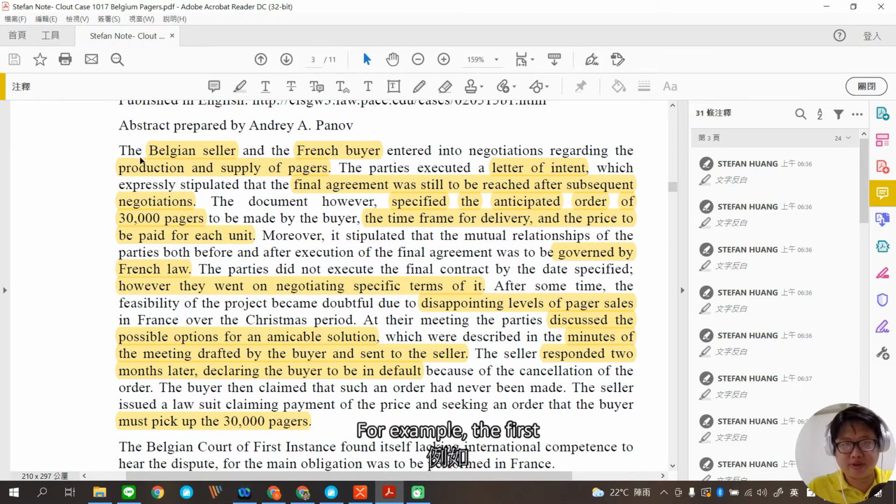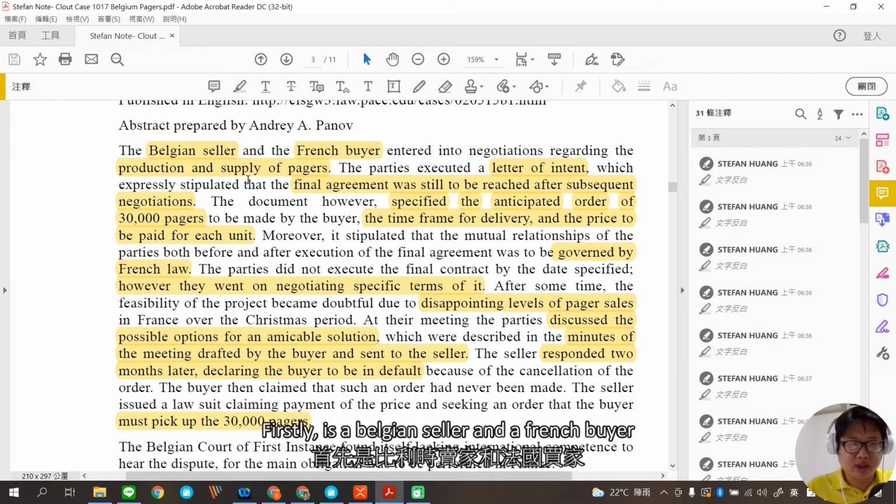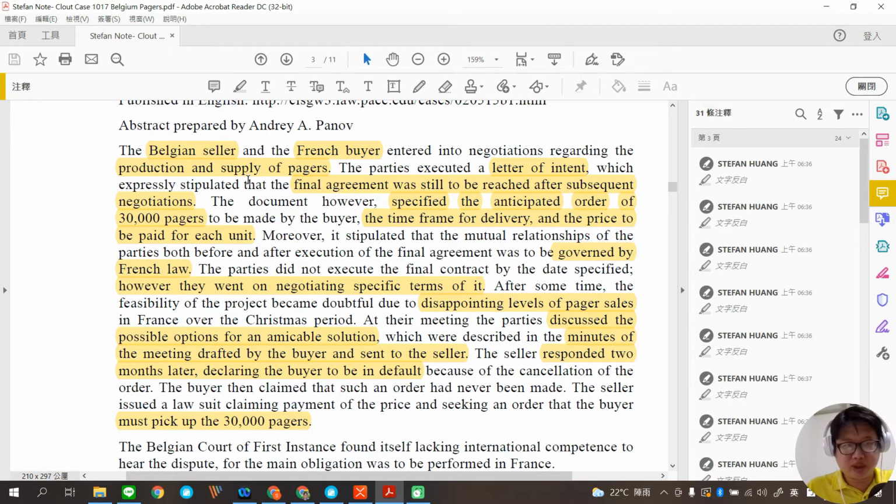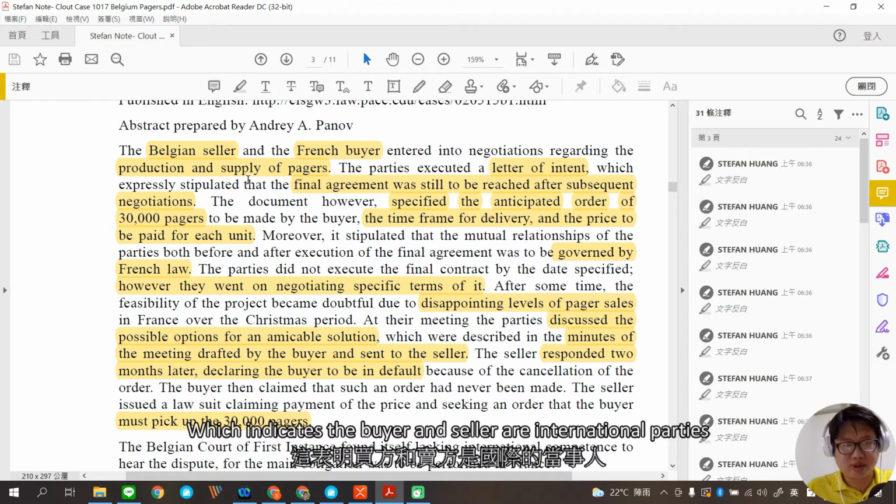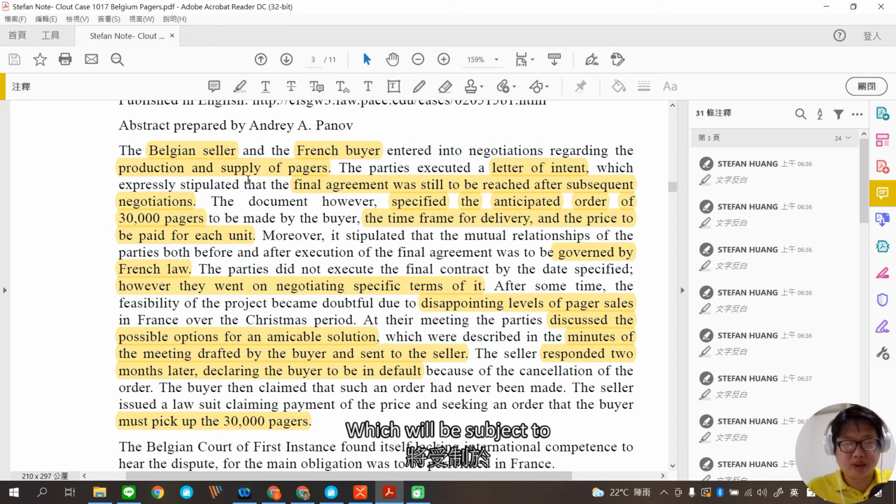For example, the first sentence has two important elements in the fact. Firstly, the Belgian seller and the French buyer, which indicates the buyer and seller are international parties, which will be subject to the CISG.